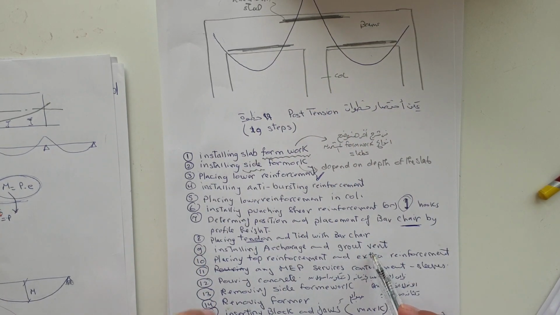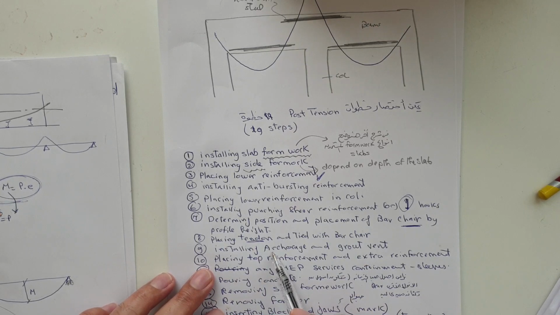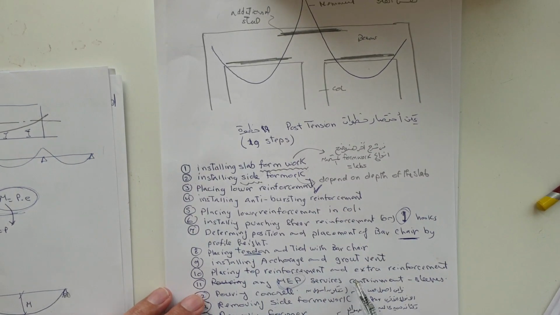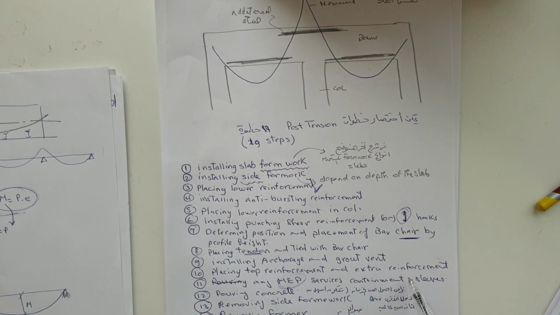After that, we proceed to fix the anchorage and place the top reinforcement, the final reinforcement, and if we have any electromechanical MEP services, we have to fix them also, and any openings in the slab.